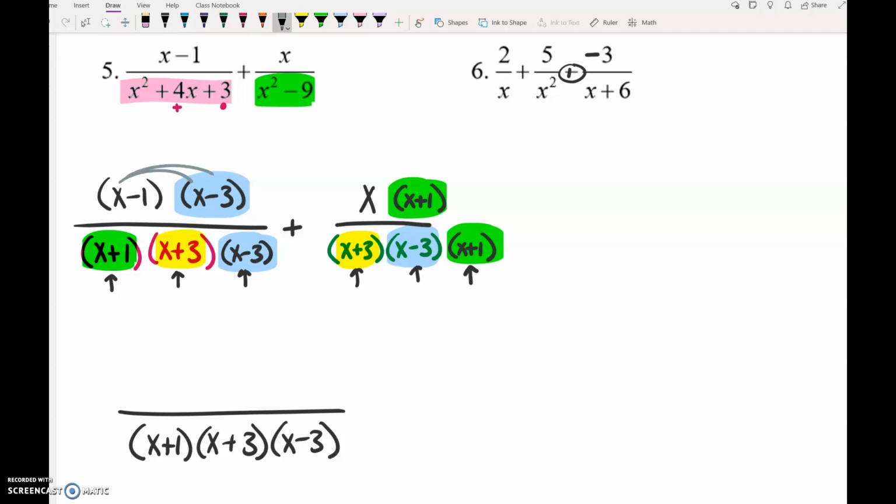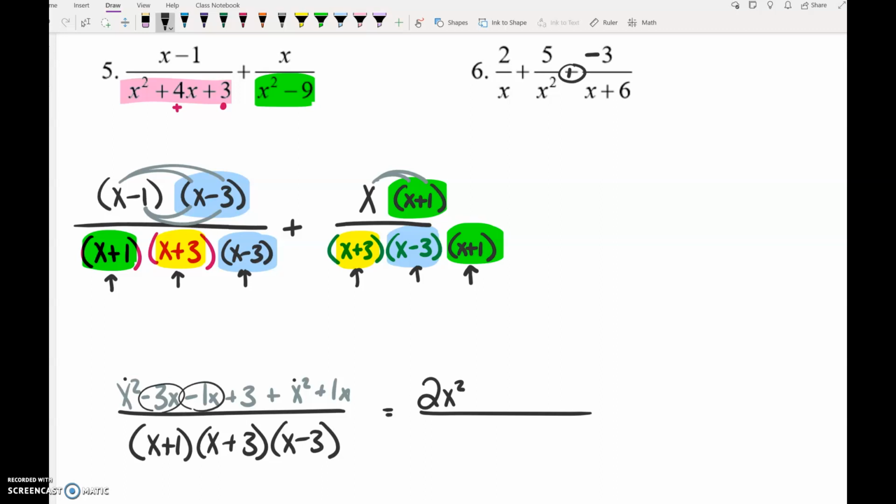I would double distribute to get x squared minus 3x minus 1x plus 3 and x squared plus 1x. When I combined those like terms, I've got x squared and x squared, so that's 2x squared. I've got negative 3x, negative 1x, and 1x, that's minus 3x.